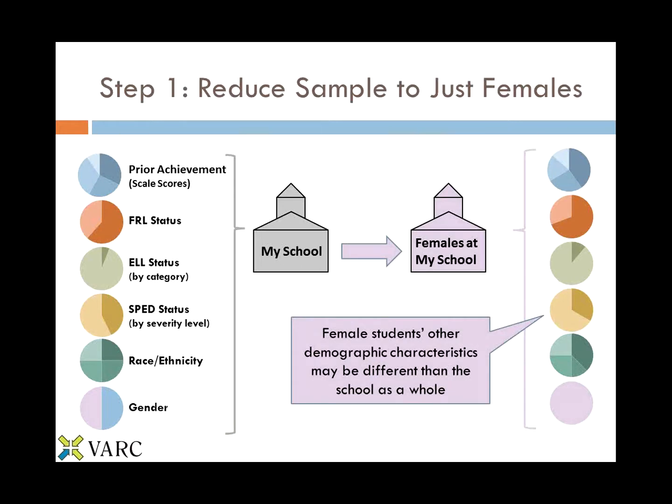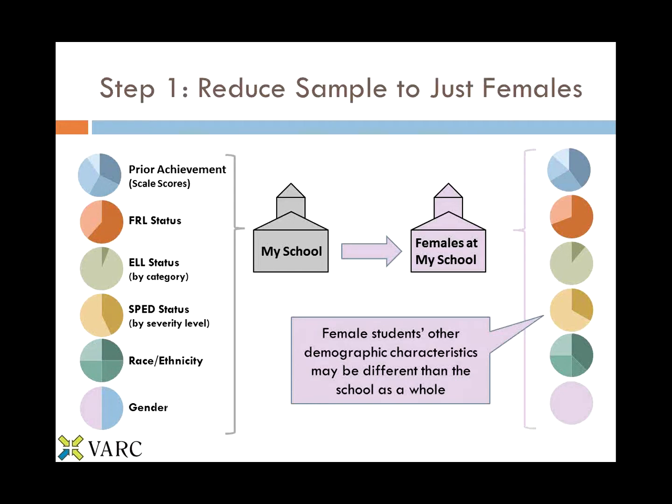Okay. So the female students are all the ones that we're looking at now, and above that, in all those other pie charts, you can notice that there are some other slight changes. Our females at our school might be slightly different in their other characteristics than our students at our school overall. So we do take that into account.